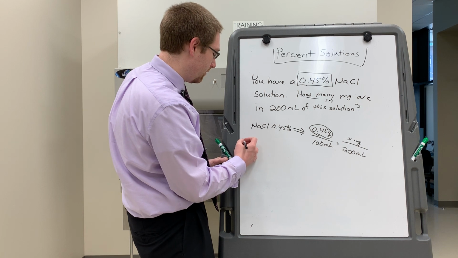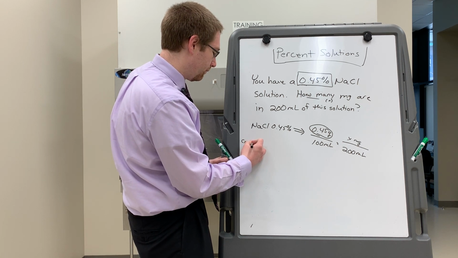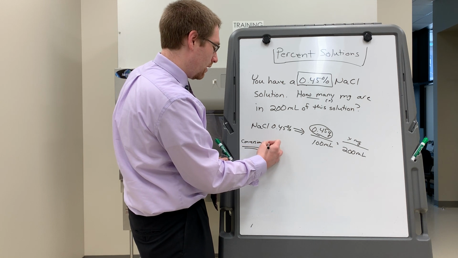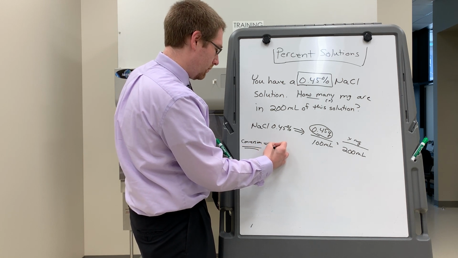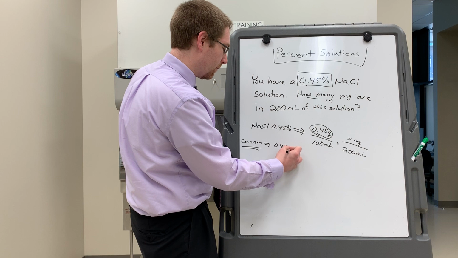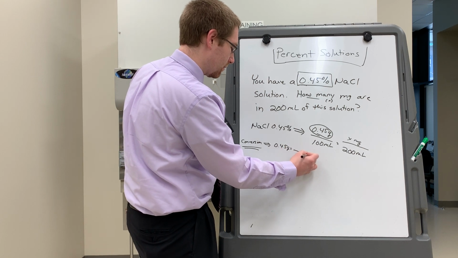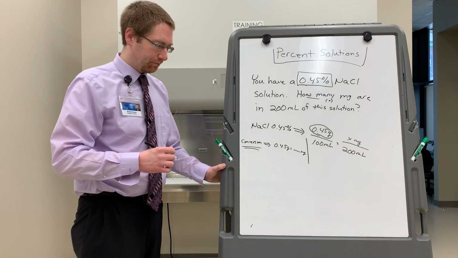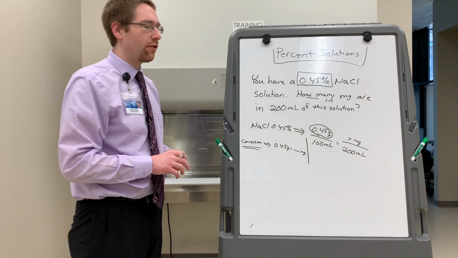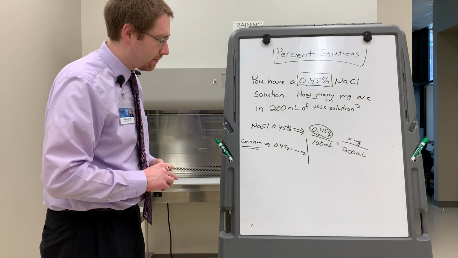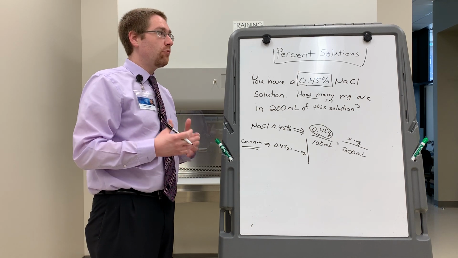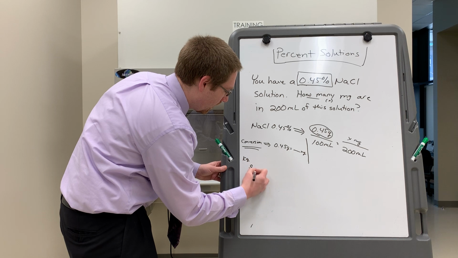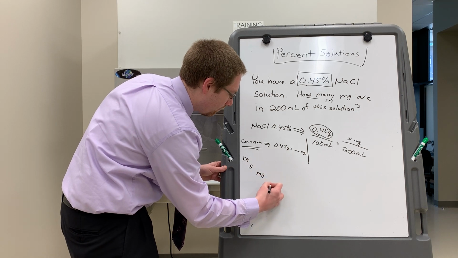So I'm going to come down here and do a separate problem and say conversion. I need to know 0.45 grams is how many milligrams. Okay, I'm going to draw a line there so we don't get this all screwed up. So 0.45 grams is how many milligrams? Well, using what we did in the past, we got the kilogram to gram to milligram to microgram.